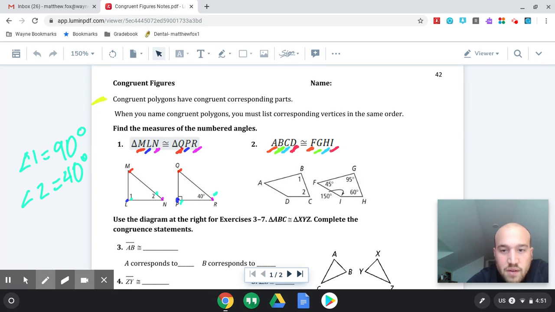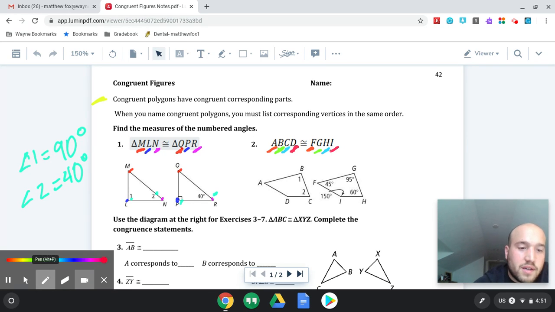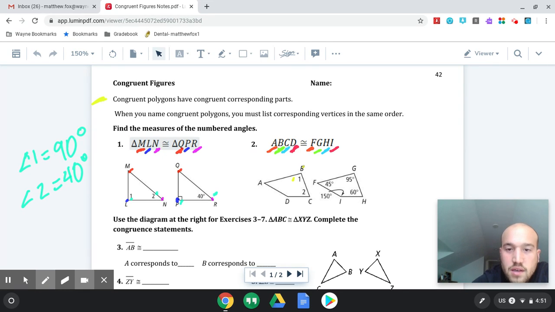Now, if we look here, spot 1 right here goes to B. We said that B was the second term, so it matches up with G. And so we know that angle 1 on this problem will have to be the same as G, which is 95 degrees. Now, just a quick refresher, try to remember what type of angle is that.